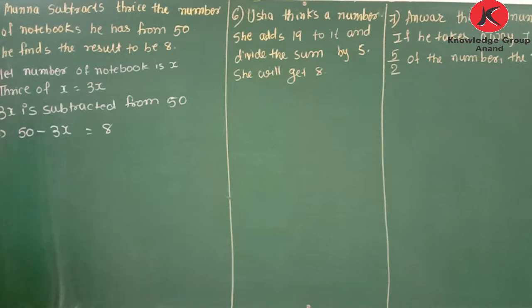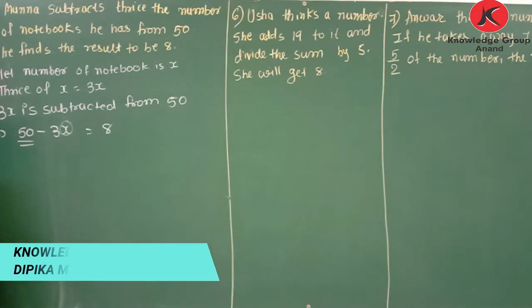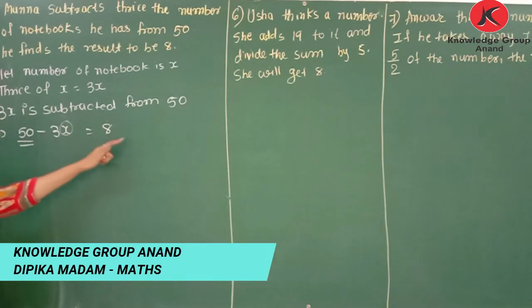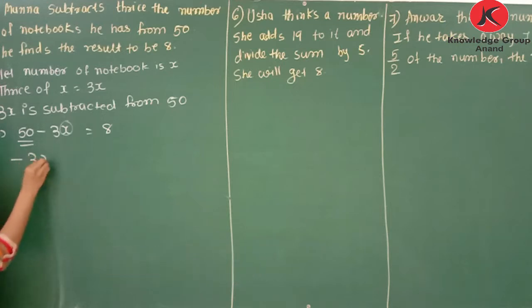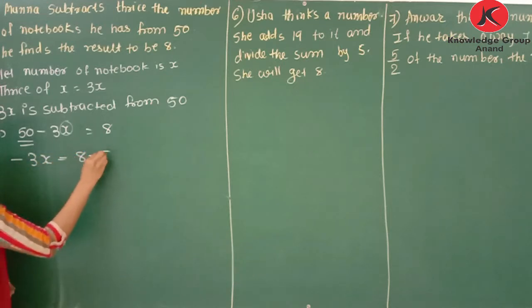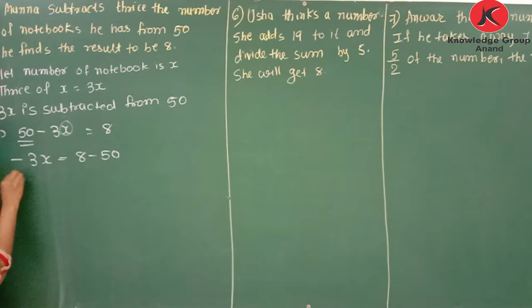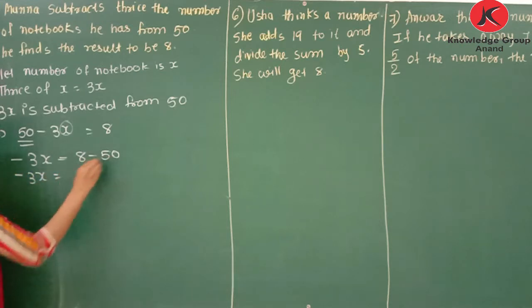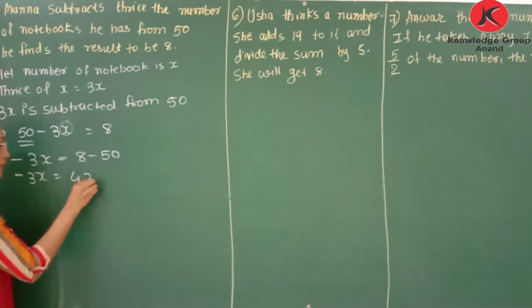Now what do we need to find? x. Move the numbers one by one. So 50, what is the sign of 50? Plus. So it will be subtraction, minus 3x as it is. 8 minus 50, minus 3x. 8 minus 50 will be 42, but it is negative.